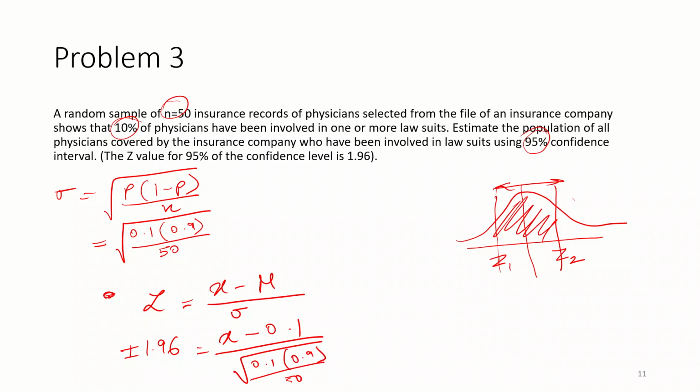So now we will have two values of x. One will be x equal to 0.1 plus 1.96 times root of 0.1 into 0.9 divided by 50, and another one will be 0.1 minus that, so one will be positive 1.96 and another one will be negative 1.96.